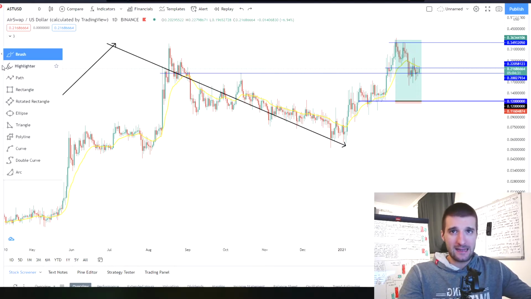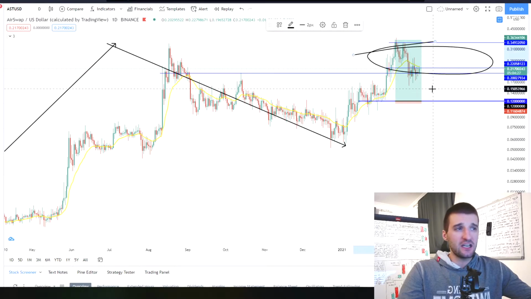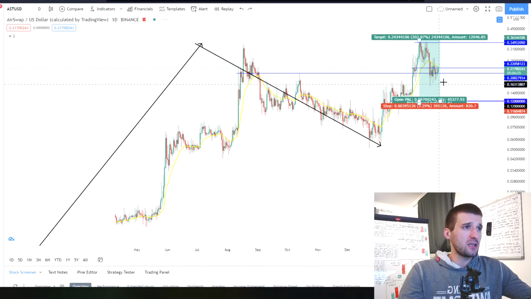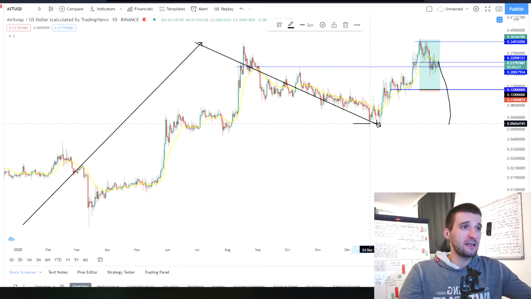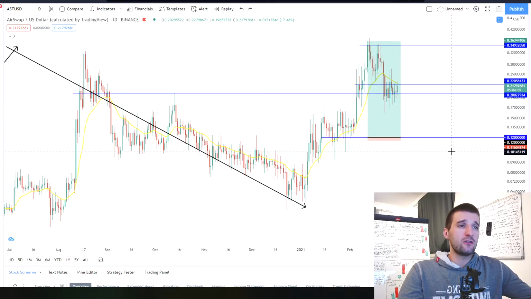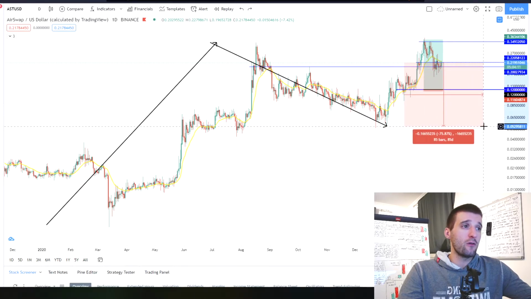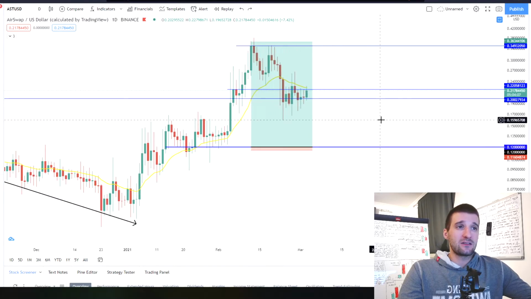So if the price declines from these levels and starts plunging to the downside, killing this level, the Elliott wave counting is not going to be valid anymore. But so far so good. This would pretty much be a dump of 75% of this cryptocurrency in order to diminish the whole theory.